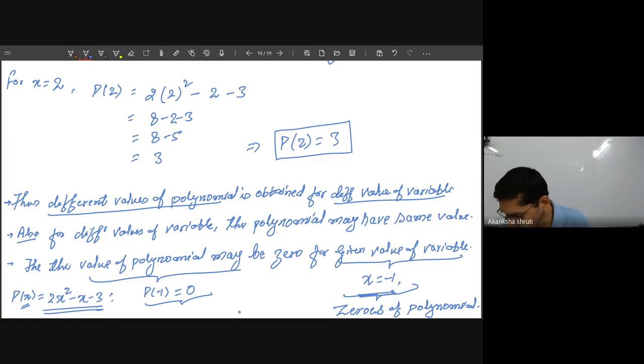Understand the difference: it is not the zero polynomial, it is the zeros of the given polynomial. We obtain zero for a specific value of x. So what is the zero of a polynomial? That is our next topic.